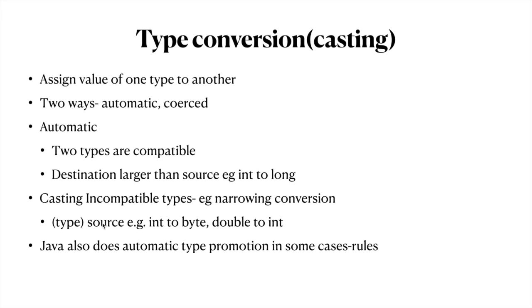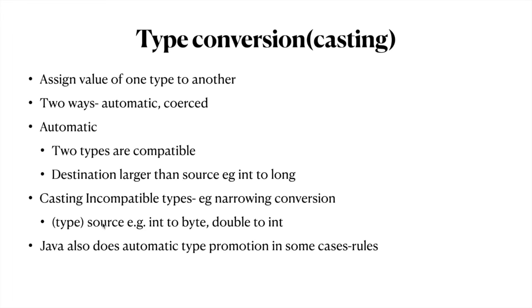With some rules, Java also does some automatic type promotion in some cases of expression. For example, if we assign or initialize a value to a double data type, where one of the types is int type and the other one is double type, then the int type will be automatically promoted to a double type.